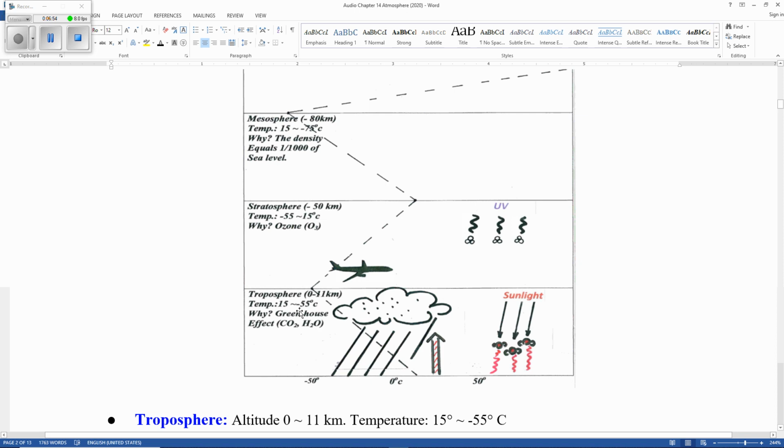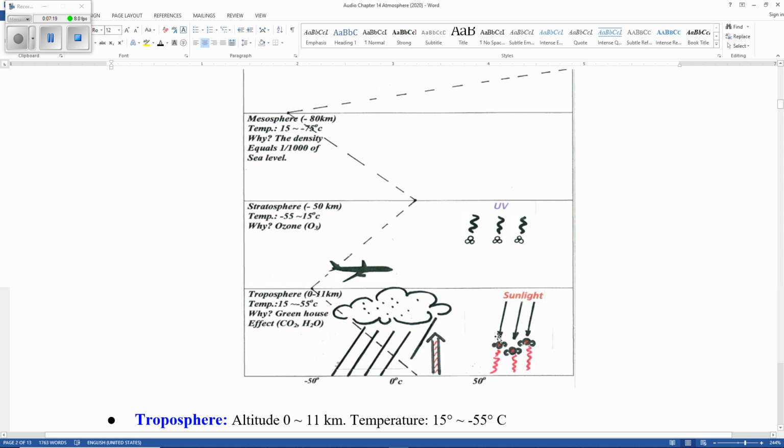That's negative 50 here, negative 55 degrees. Why does temperature decrease? Because the Earth warms up the atmosphere. The energy of the atmosphere comes from the Earth's surface, not from the sunlight directly. We're going to discuss that later.